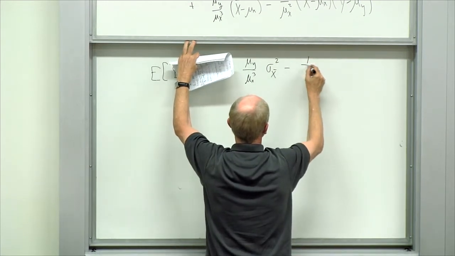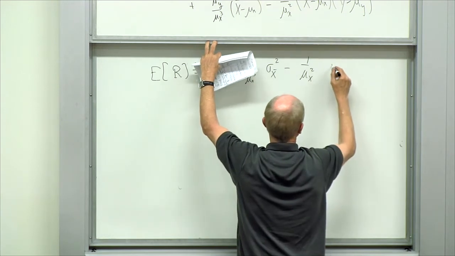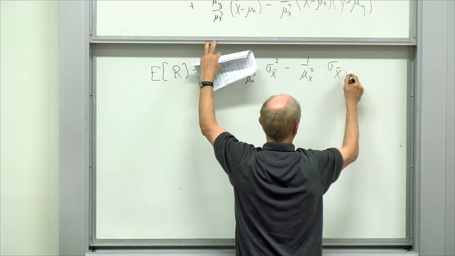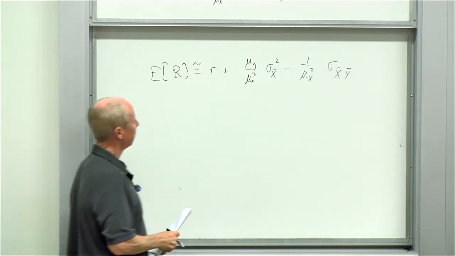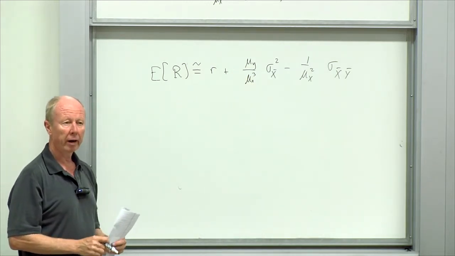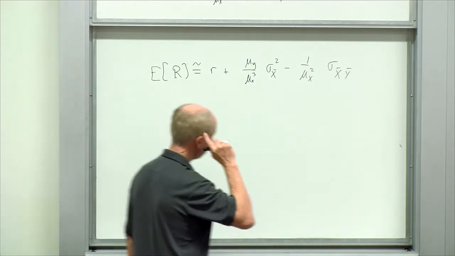Then we get minus 1 over mu sub x squared times sigma x bar y bar. Okay, but now we have finite population expressions for these things we've gotten before.